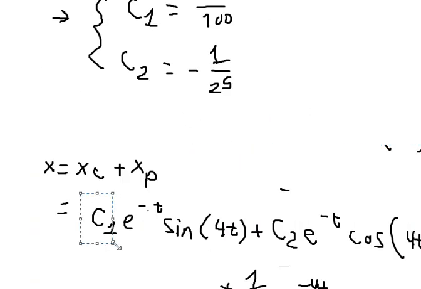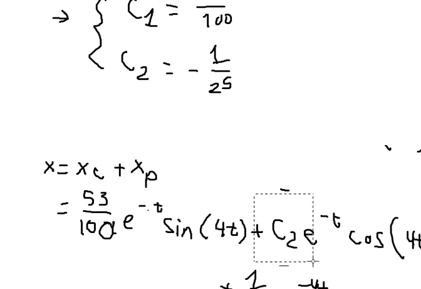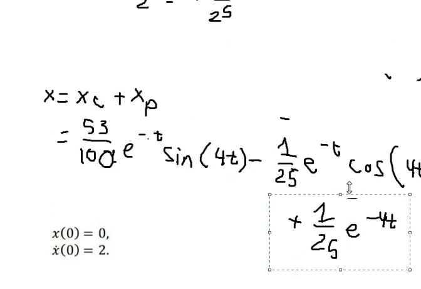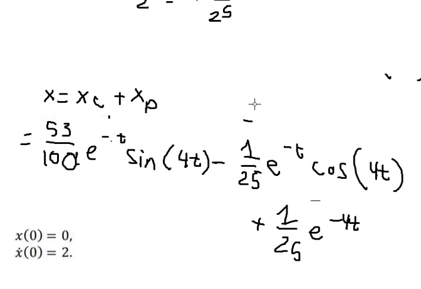So this one we put 53 over 100, and C2 we put negative 1 over 25. And this is the answer for the question we need to find in here. That's the end. Thank you for watching.